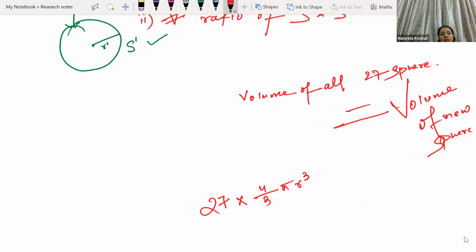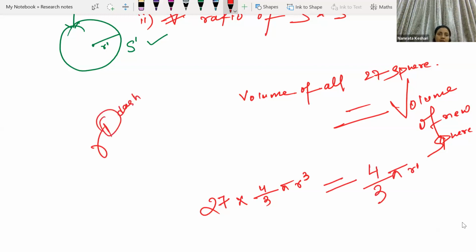This is equal to the volume of the big sphere, that means 4 by 3 pi r dash cube. For the new sphere, r dash is mentioned. We will pronounce it as r dash, and everybody will understand what that means.